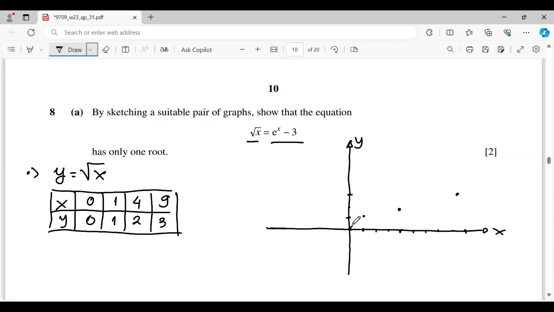So the graph will be like this, a parabolic graph.